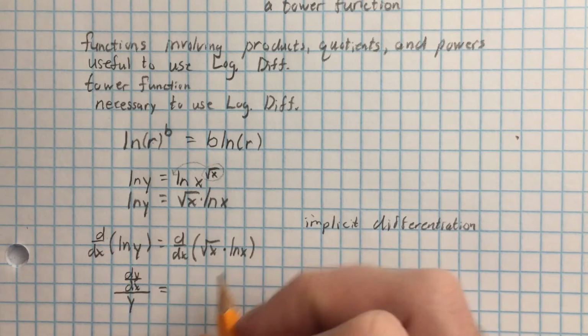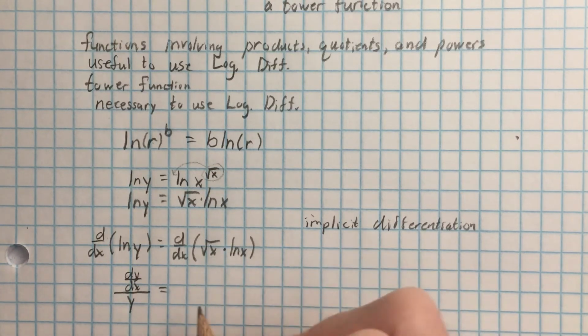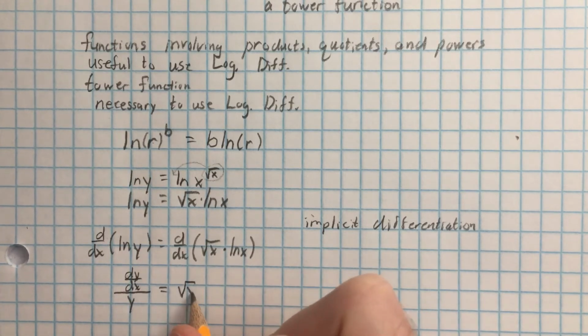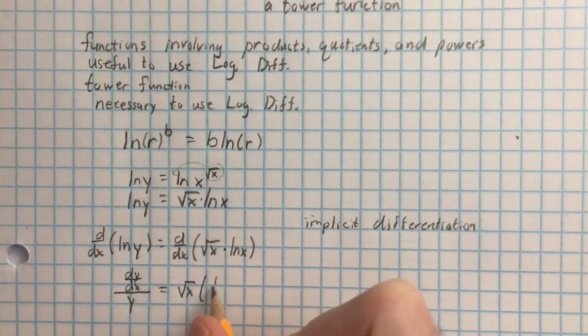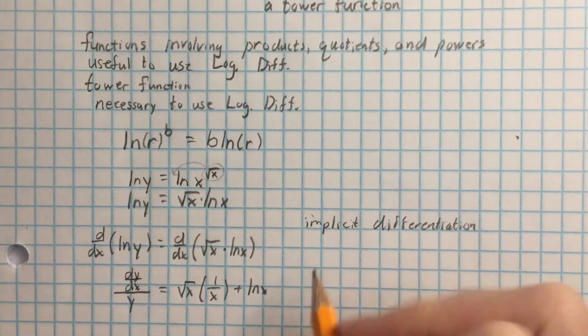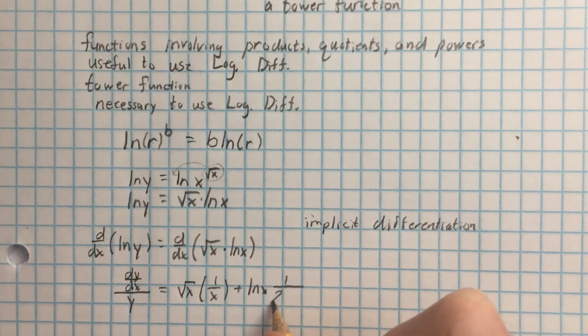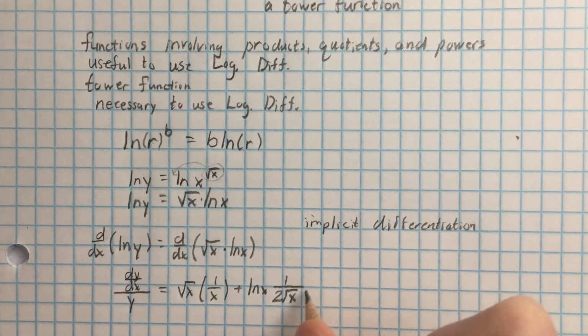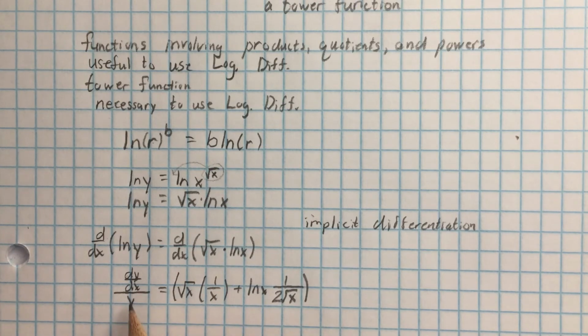And then on the right-hand side, in this particular case, because of the function we're dealing with, we'll have the first times the derivative of the second plus the second times the derivative of the first. All right. So now, all I need to do is multiply both sides by y to get dy dx by itself.